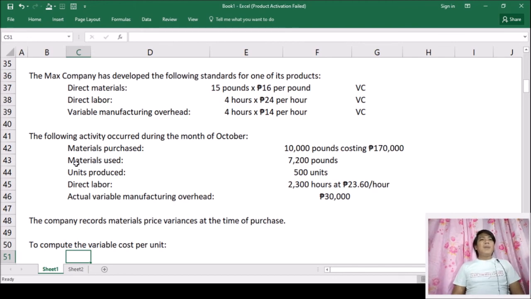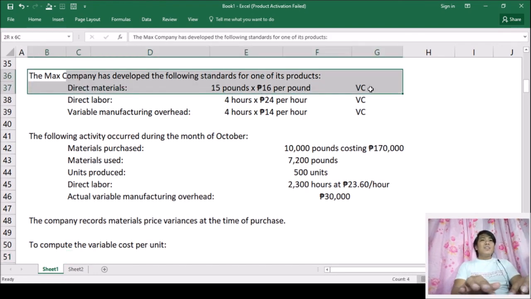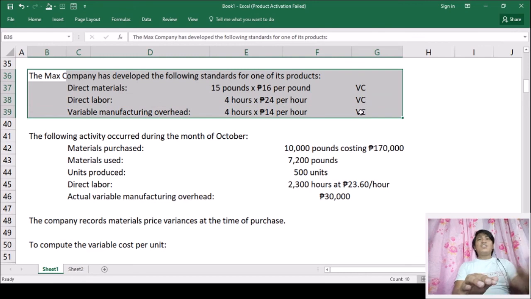And variable manufacturing overhead, 4 hours at 14 pesos per hour, which is also a variable cost. These three are included in computing the variable standard cost per unit.